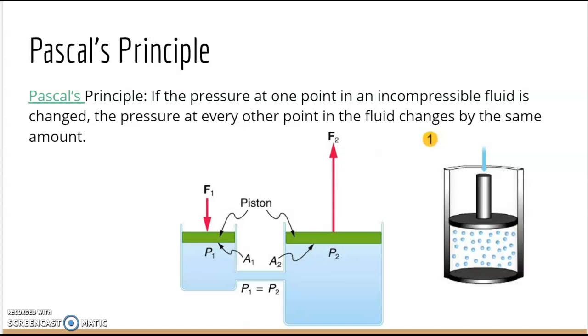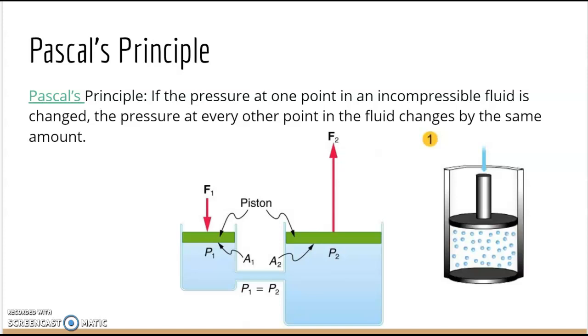But anyway, in the situation we're dealing with here, what this diagram is trying to show is that on the left, we have a force acting downward on this fluid.